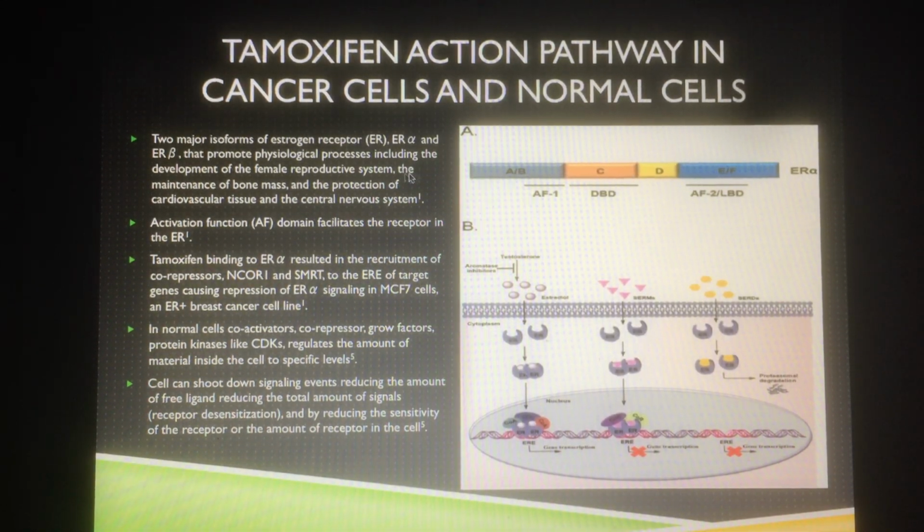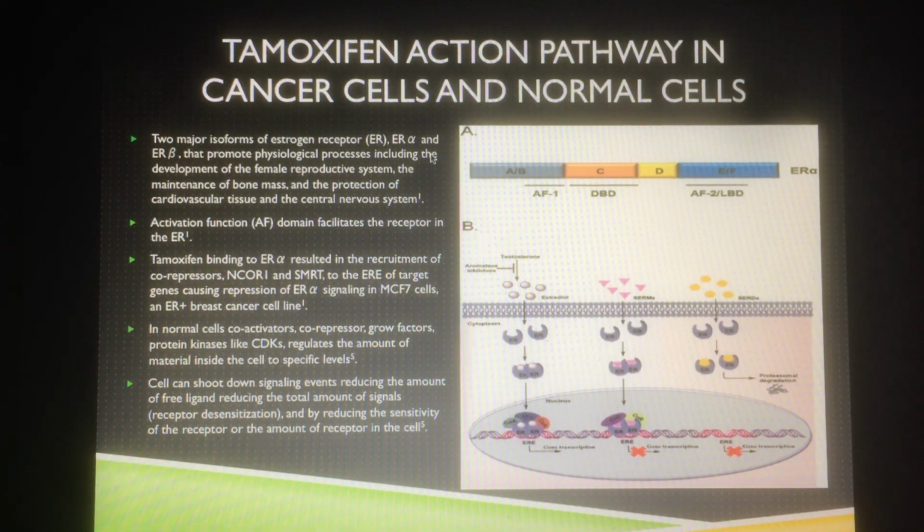So, tamoxifen action pathway in cancer cells and normal cells. There are two major isoforms of the estrogen receptor, ERA and ERB, that promote physiological processes, including the development of the female reproductive system, the maintenance of bone mass, and the protection of the cardiovascular tissue and the central nervous system.